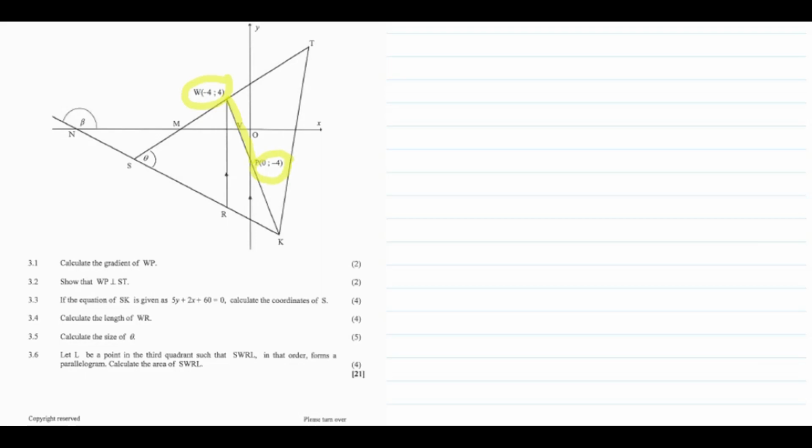Because we've got 2 points and we know the formula for calculating the gradient, the gradient of WP is equal to y2 minus y1 all over x2 minus x1, right? So what I do is I always label my points. I'm going to call W my point 1, and P my point 2.